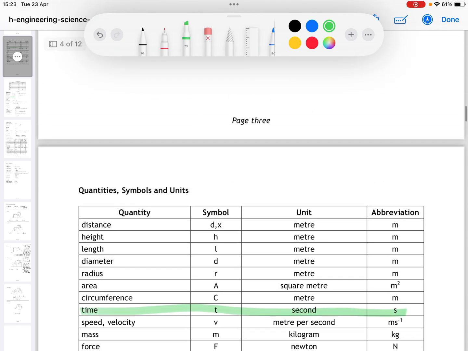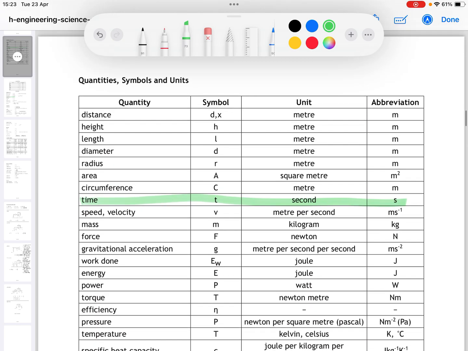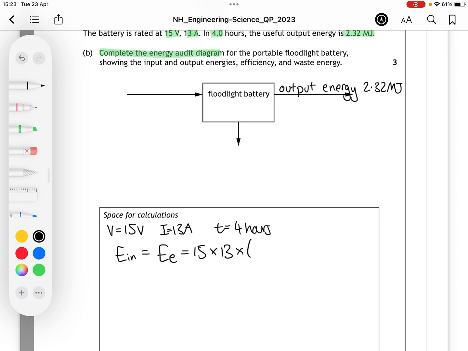And again, I'm just checking that on the quantity, symbols and unit table, so I'm not making a mistake. So to change that into seconds, I'm going to say that that is 4 times 60 minutes times 60 seconds. I'm going to pop that straight into my equation there.